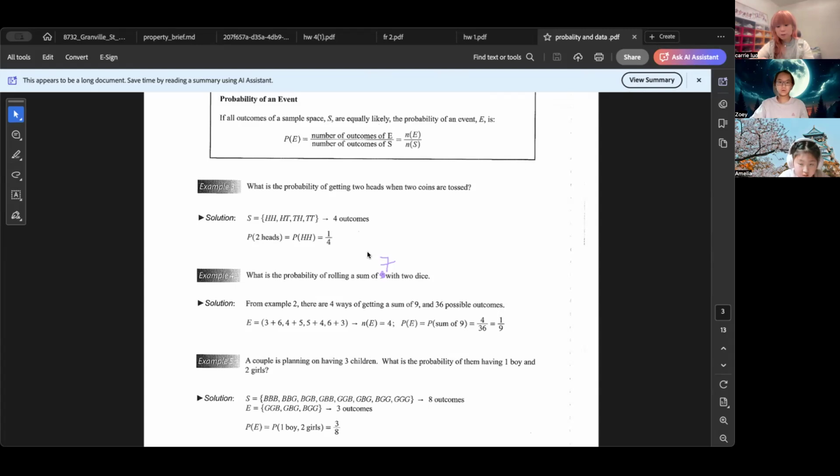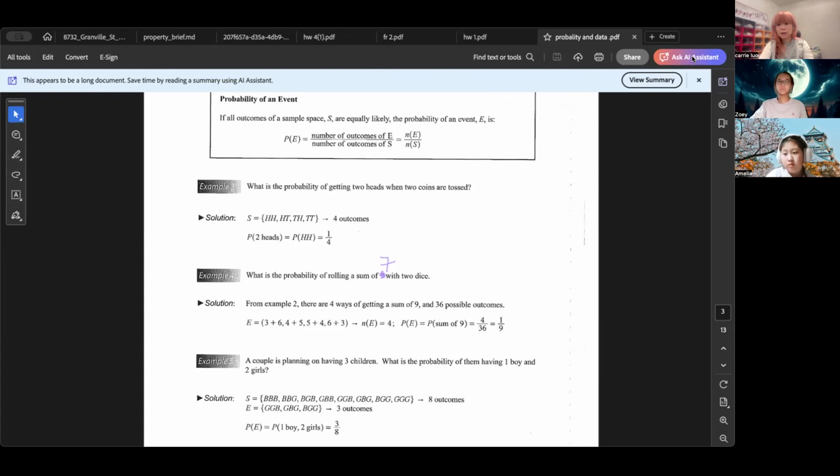Okay, finished? Okay, so the same thing. So Amelia, how many options can we get when we roll 2 dice and get the sum of 7? You said we can do 3 sums.